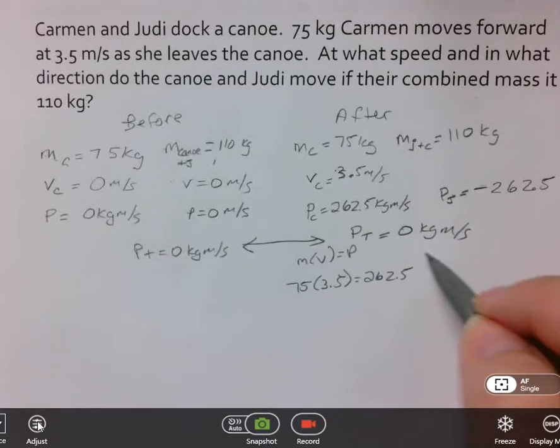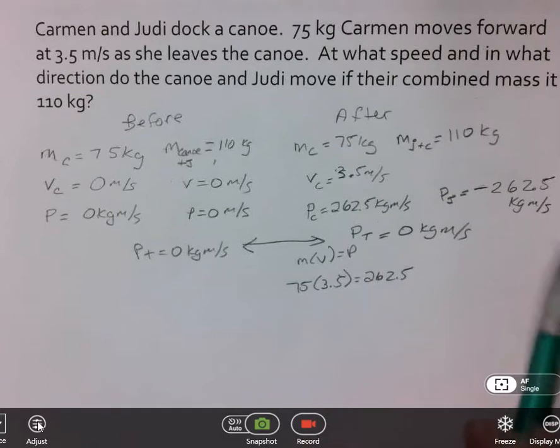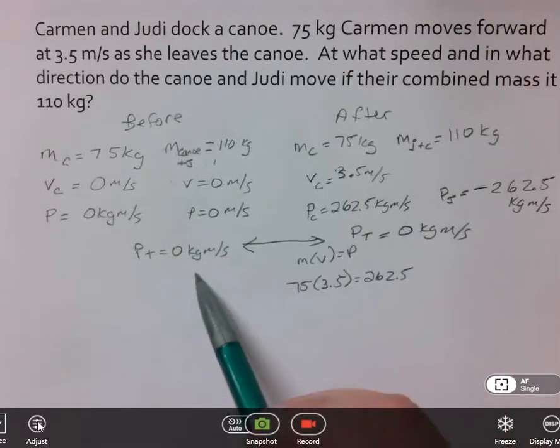Because those have to add up to 0. So the only thing that's going to add up to 0 here is 262 minus 262 gives me 0, because that was my total momentum before.